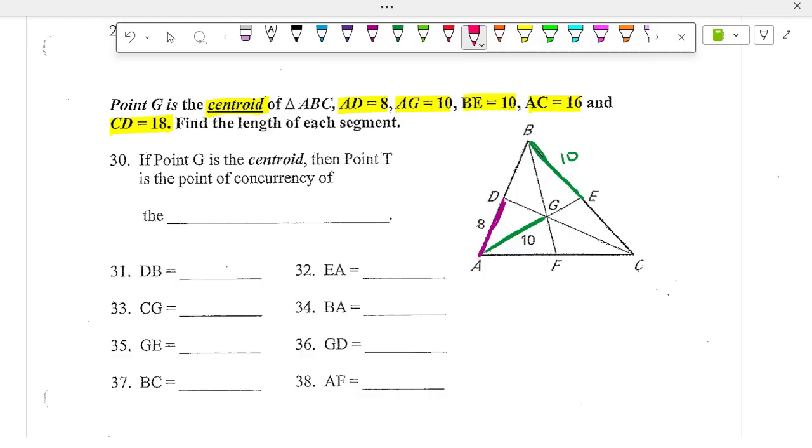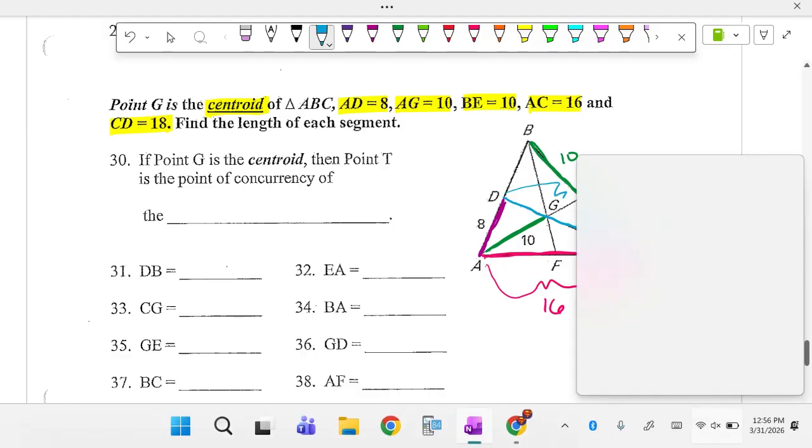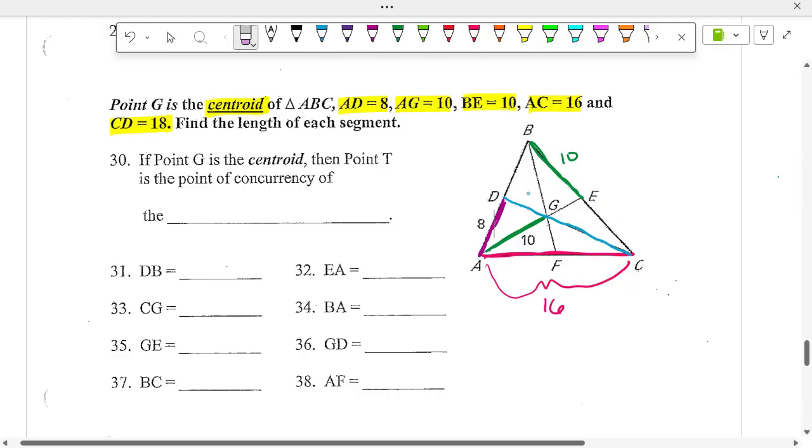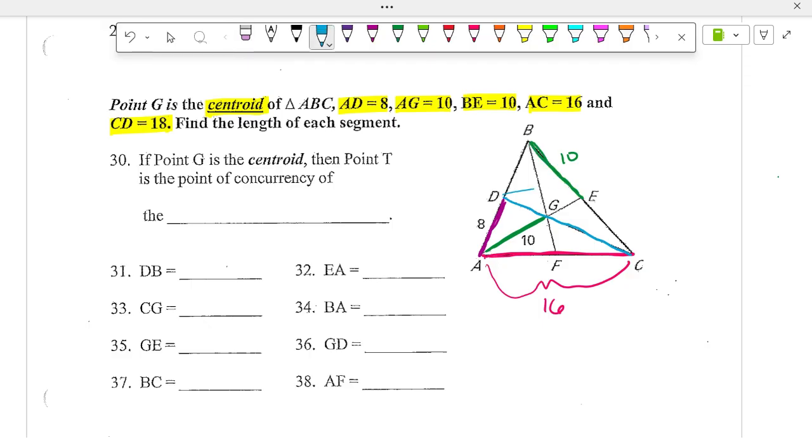AC, so this entire segment right here, is 16. And CD, this entire segment right here, is 18.